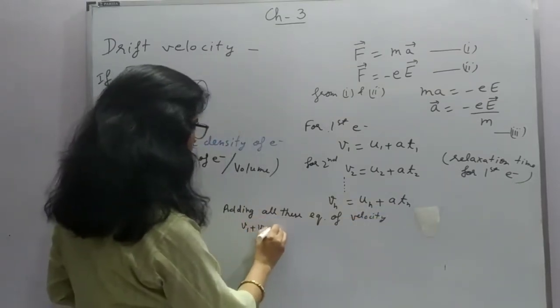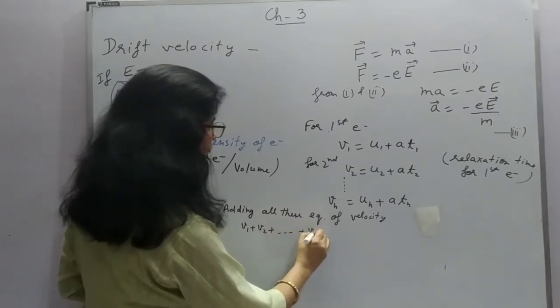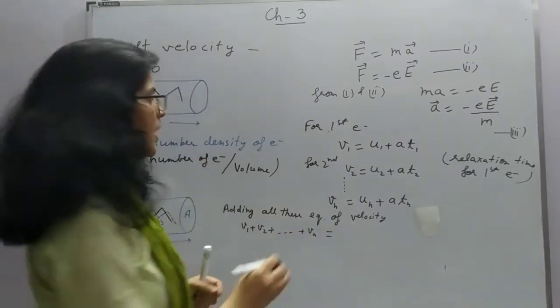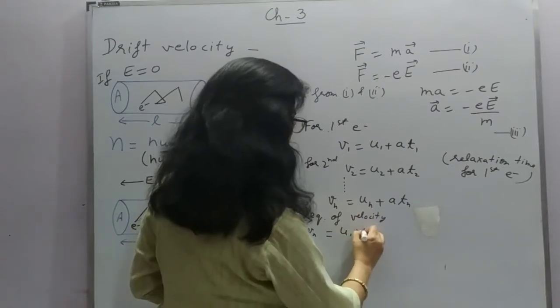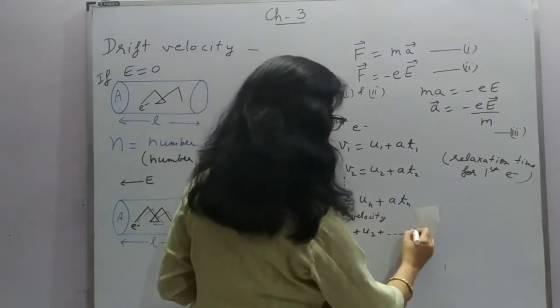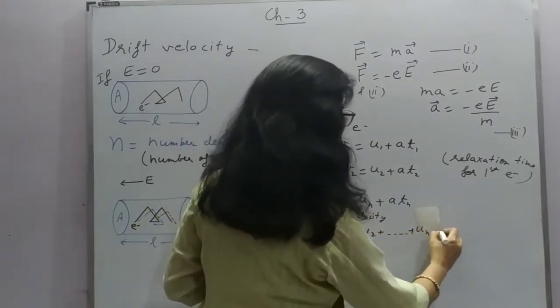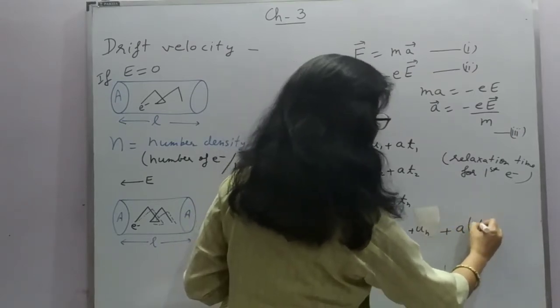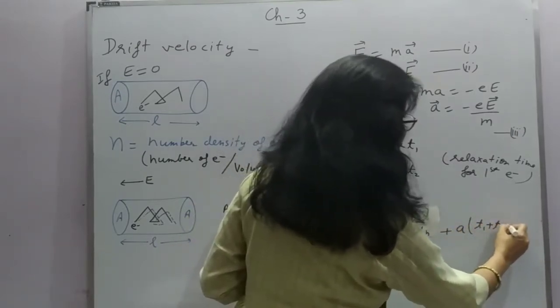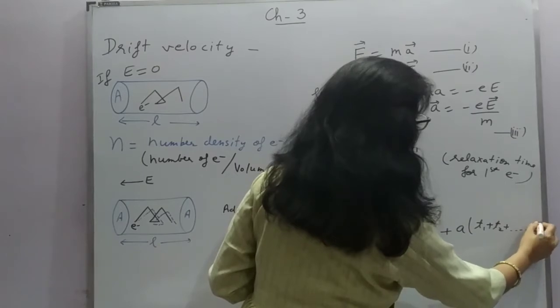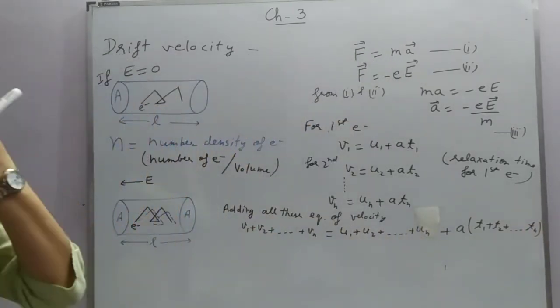V1 plus V2 plus up to Vn on the left side, and on the right side U1 plus U2 plus up to Un plus A common, and T1 plus T2 plus up to the nth relaxation time.